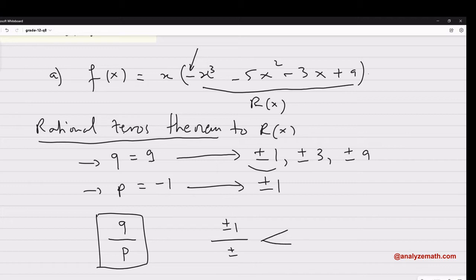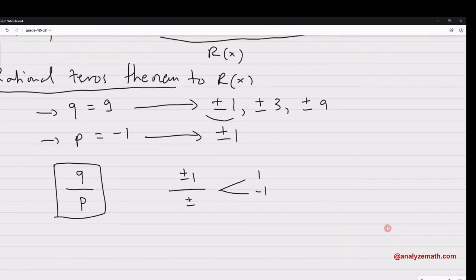This will give you either 1 or -1. Now the next value, plus or minus 3, divided by plus or minus 1, gives you either 3 or -3.